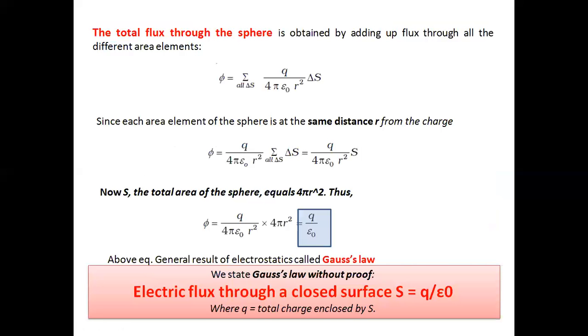Now we need to find the total flux through the sphere. So we consider the total flux phi as the summation of the flux through all the smaller elements.